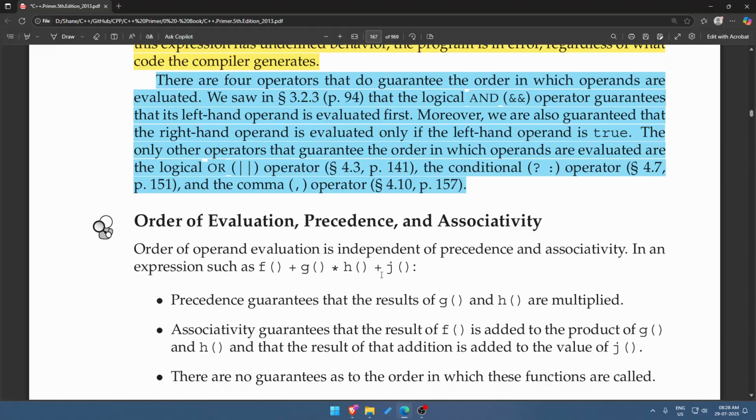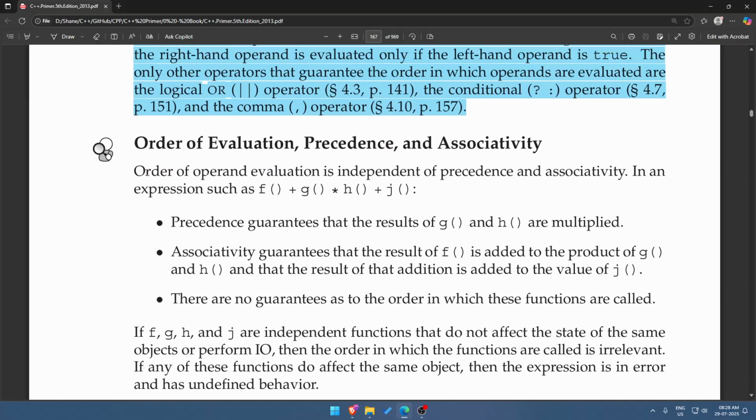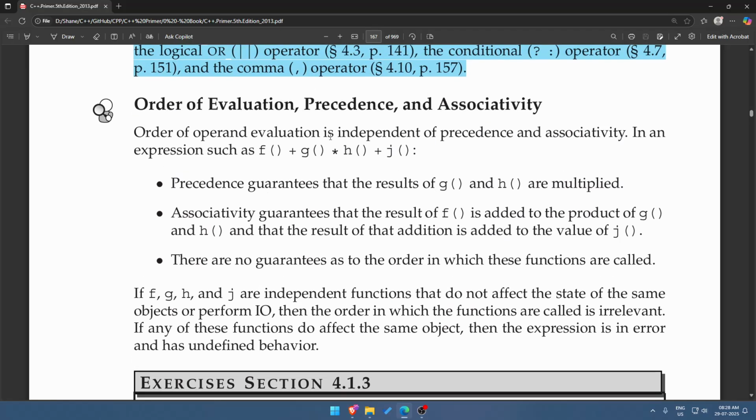Now, order of evaluation, precedence, and associativity. Order of operand evaluation is independent of precedence and associativity in an expression. Okay. So order of operand evaluation is independent of precedence and associativity.